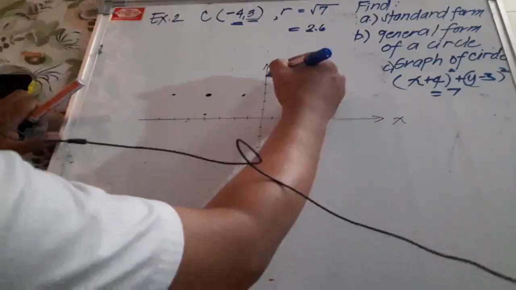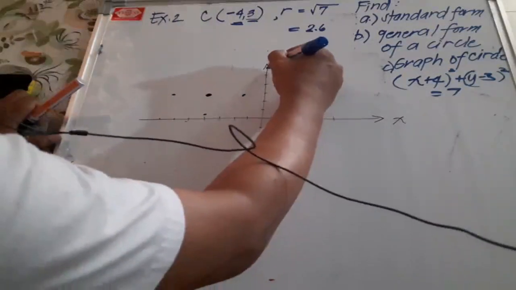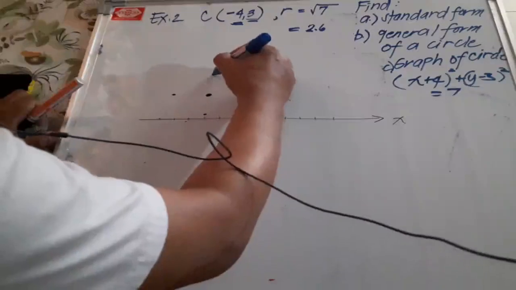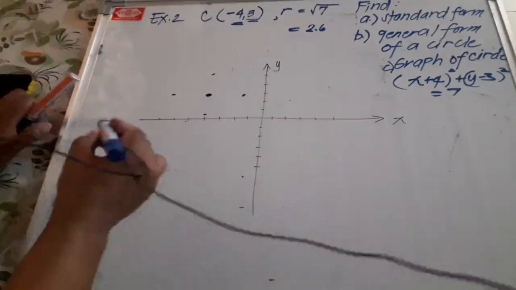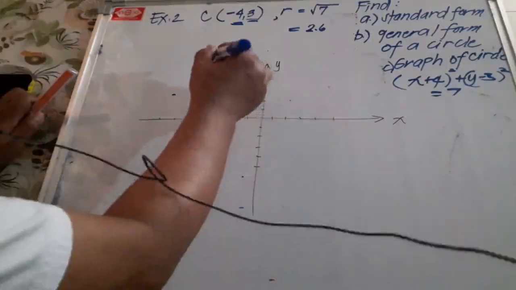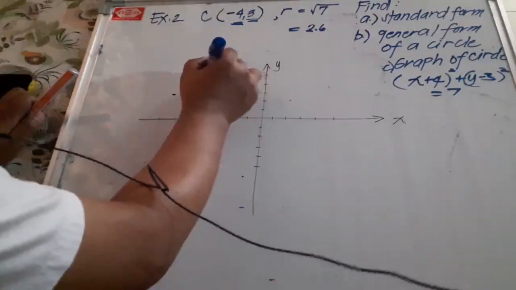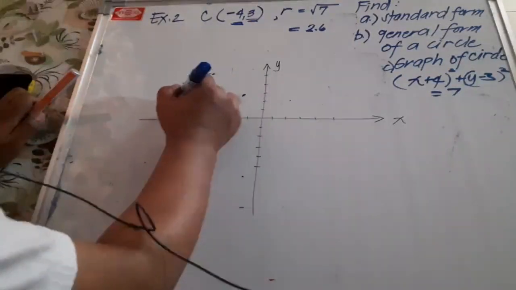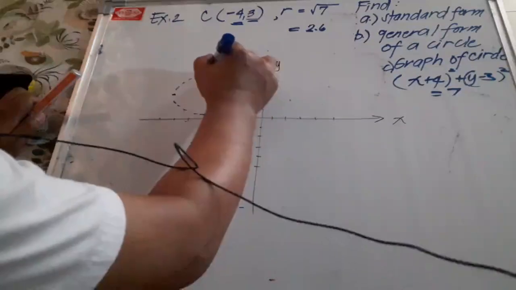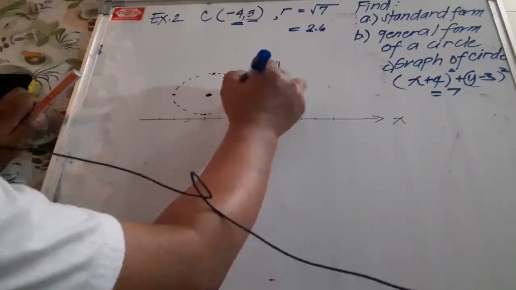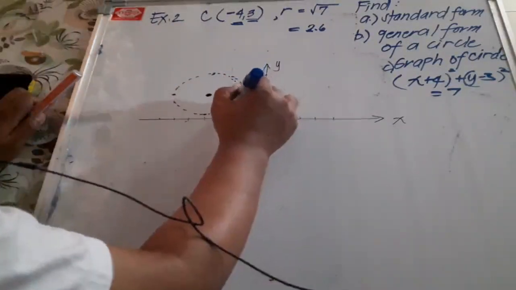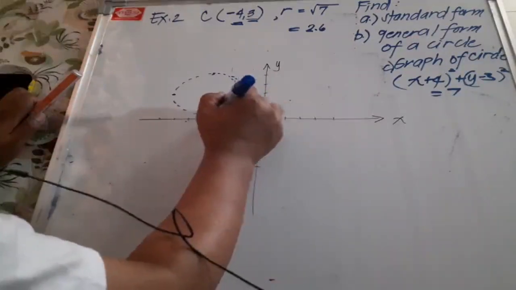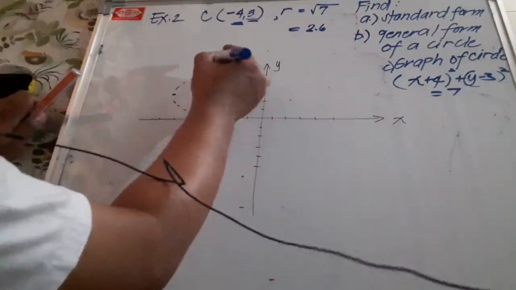Then sa taas, 1, 2, and then 0.6. Yan. So, draw natin yung circle. Yan. So, ito yung ating circle.